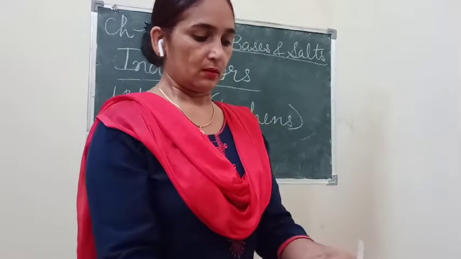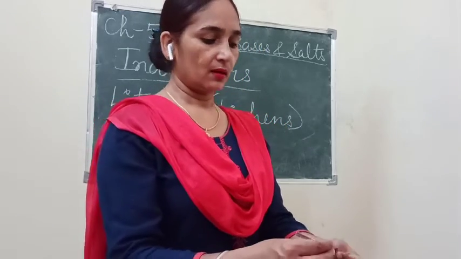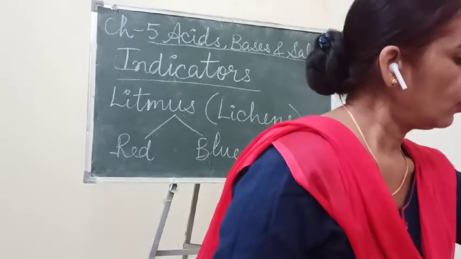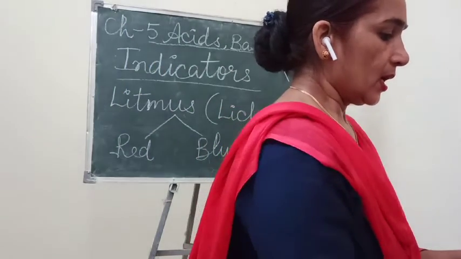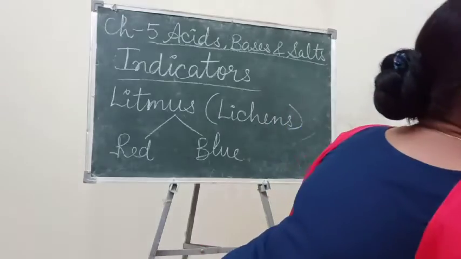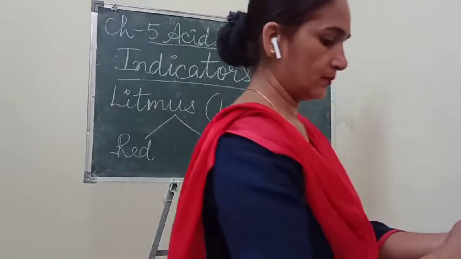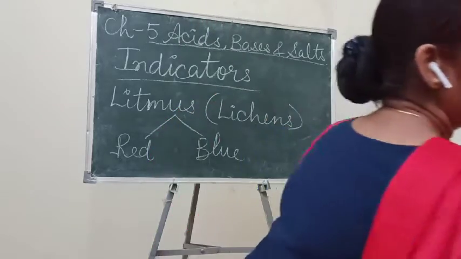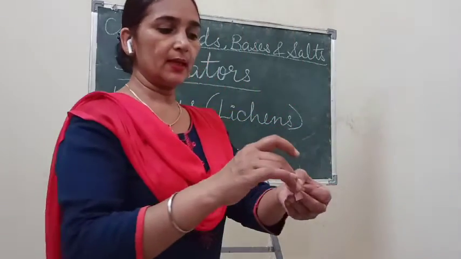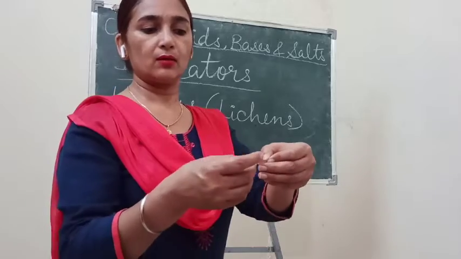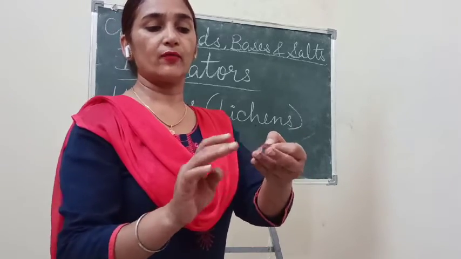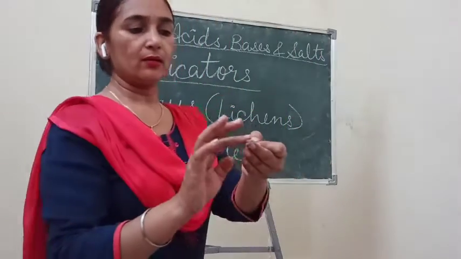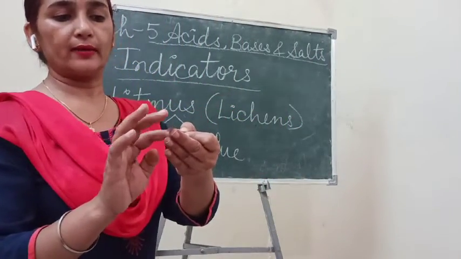For detecting the base, we use red litmus paper. Now, if we take red litmus paper and I apply a little bit of water on it to make it wet, after that I apply baking soda on it.